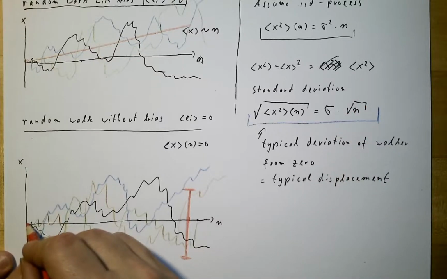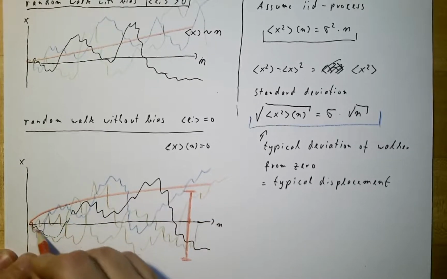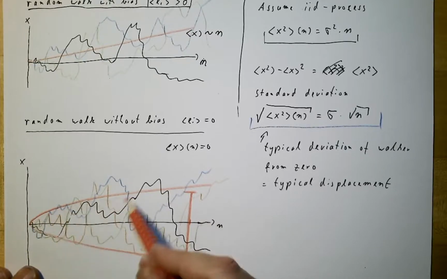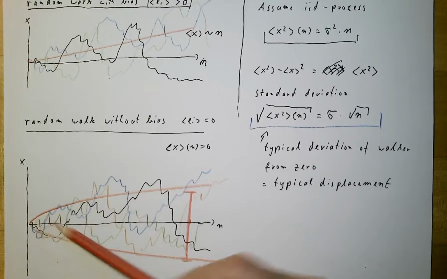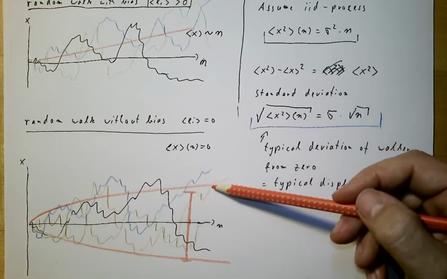The square root is this function here, so it's increasing with the square root. And so we know that the typical displacement of the walker goes with the square root of time.